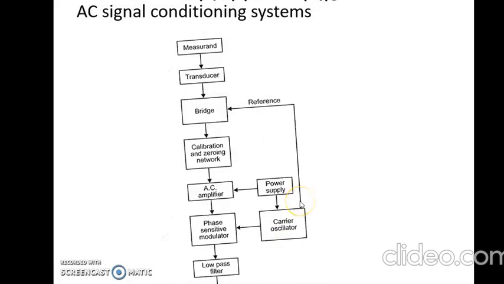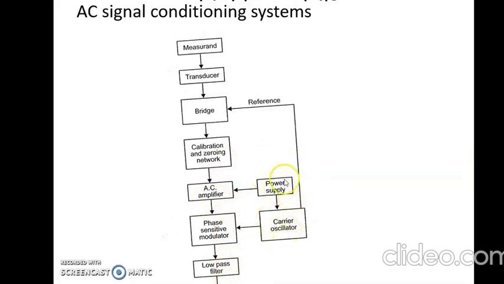Now let us discuss AC signal conditioning systems. Unlike the DC signal conditioning system, in case of the AC signal conditioning system, an AC source is used. This is the block diagram of a standard AC signal conditioning system, which has measurand, transducer, bridge, which is an AC bridge here, calibration and zeroing network, AC amplifier, phase sensitive modulator, low pass filter and AC output.